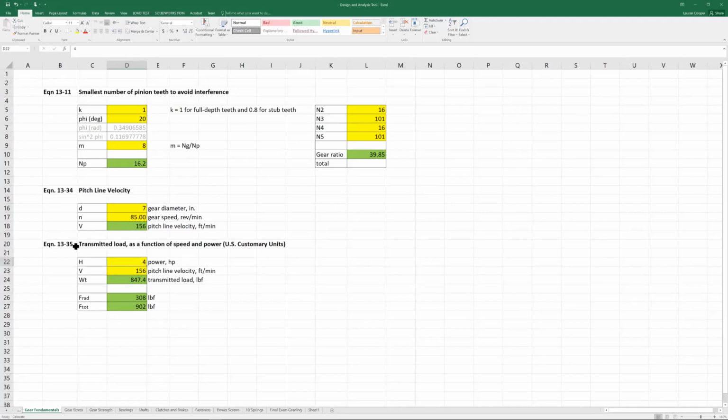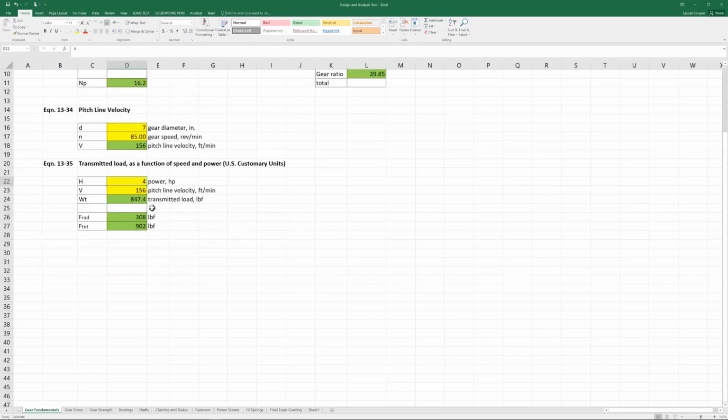Equation 1335 should go in your analysis tool. So our power is 16 horsepower. The pitch line velocity is called from above, so our transmitted load is 3,390 pounds. And then just using simple geometry with the pressure angle, you can figure out F rad and F total, and I'll leave it to you to do that.